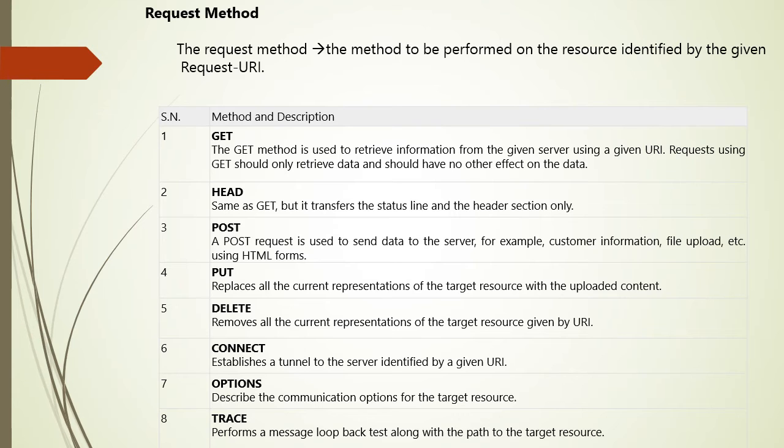The DELETE method removes all the current representations of the target resource given by the URI. CONNECT establishes a tunnel to the server identified by the given URI. OPTIONS describes the communication options for the target resource. And the TRACE method will perform a message loopback test along the path to the target resource.